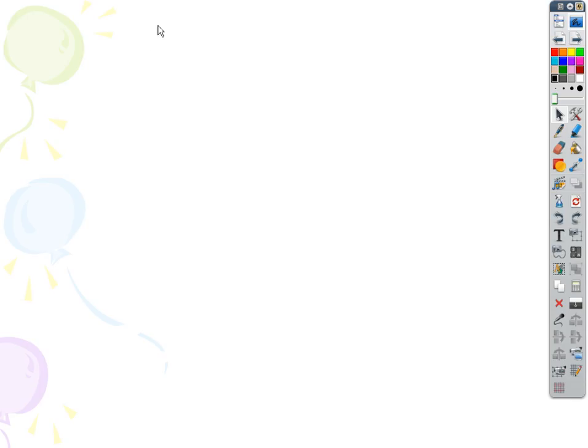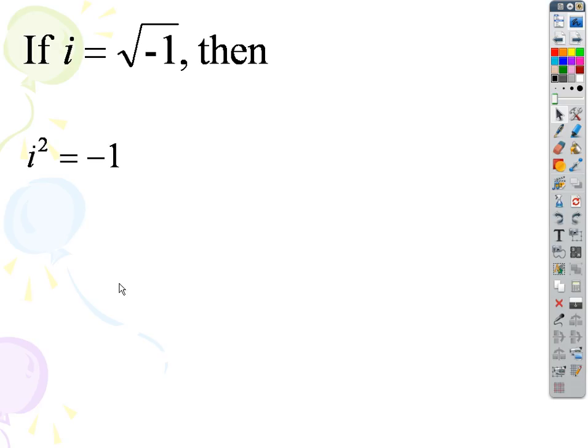So i squared is -1 always. That's going to be important to us when we multiply complex numbers. So i cubed would just be i squared times i. So i squared is -1 times i, which is just -i. i cubed is -i. i to the 4th, the easiest way to do that would just be i squared squared. -1 squared is what? 1. i to the 4th is 1.